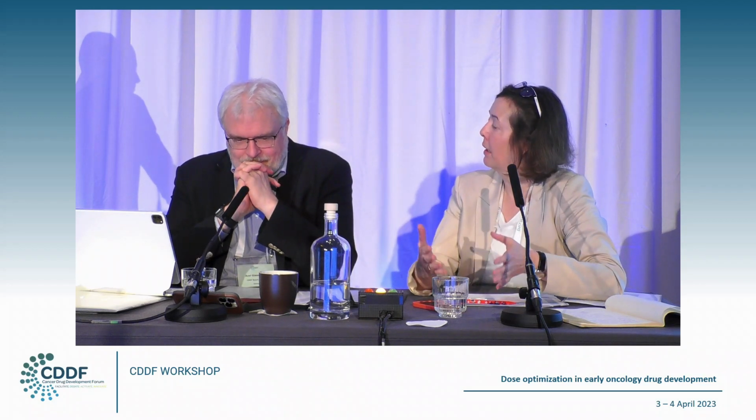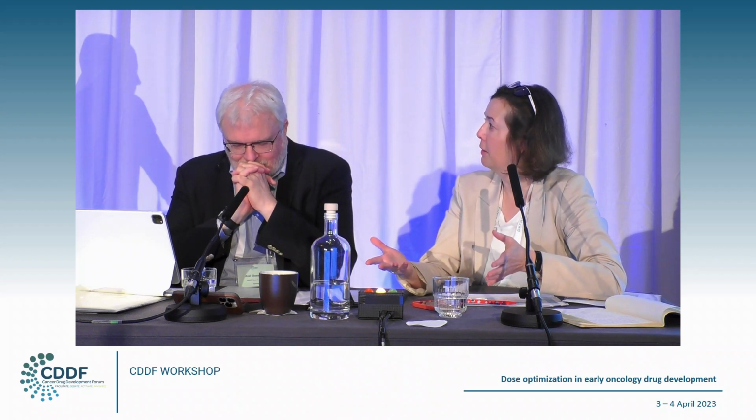Okay. And then my question to you is, we have this more complex system in Europe, where actually you in a national agency see the early drug development because you see the clinical trial applications that are coming your way for clinical trial conduct in Sweden.